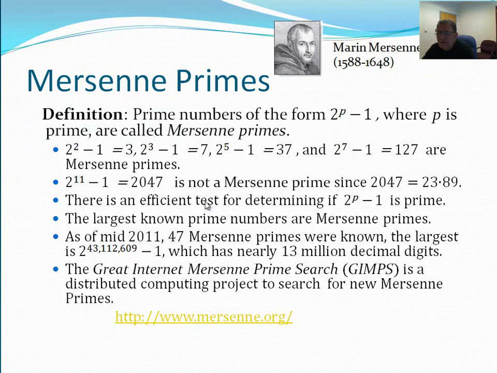These numbers are called Mersenne because they have the form 2 to the power of a number, minus 1. 2 to the power of 3 minus 1 is 7. 2 to the power of 5 minus 1 is 31. 2 to the power of 7 minus 1 is 127. All are Mersenne primes.